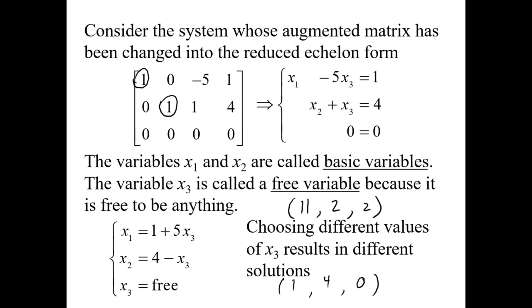So another solution is 1, 4, 0. The point here is there are many solutions. We can describe those many solutions with these equations, and each of those solutions comes from picking a different value of my free variable, which in this case was x3.